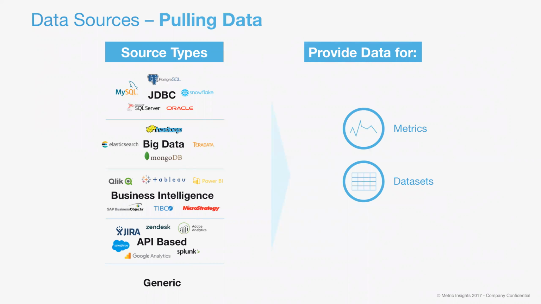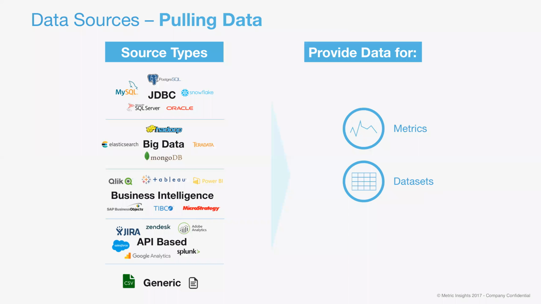From your operational and cloud-based systems, where we can pull data via API calls, and also more generic connections into things like CSV, flat files, web services calls. So you'll see us working with different types of data sources to provide the data for metrics and data sets.